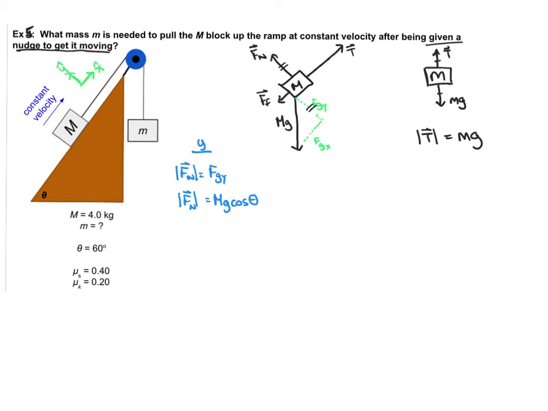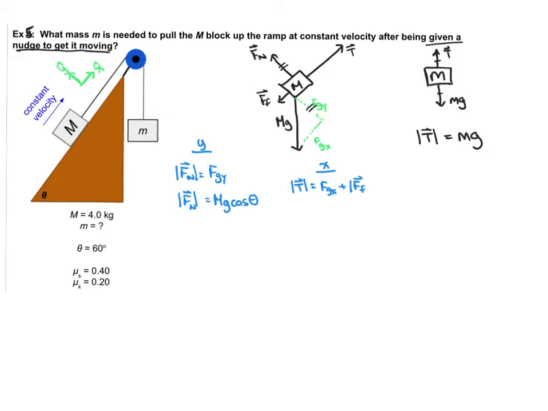And in the x direction, it's going to be a bit more complicated. Things are going to be balanced because it's a constant velocity. So what's going to balance out what? Well, it looks like the tension, which is in the positive x direction, has to equal the sum of F_Gx and friction.